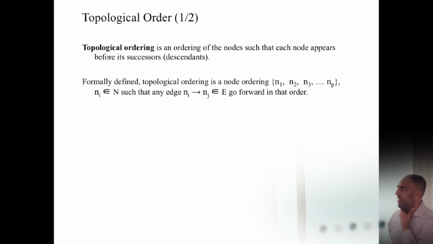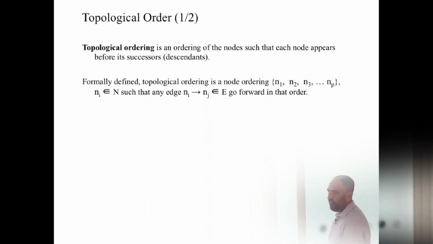Next, we have a topological order. Okay. The definition of the topological order is an order of the nodes such that each node appears before its successors. Okay. So what does it mean?